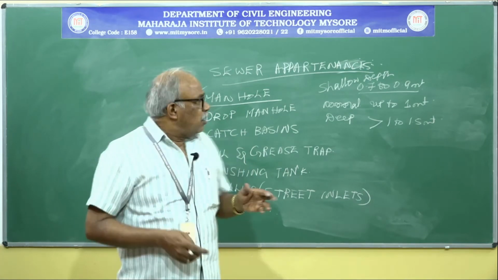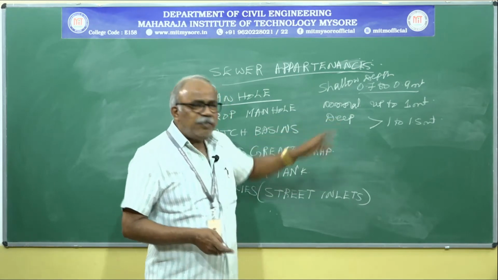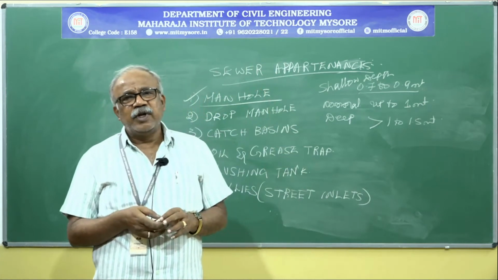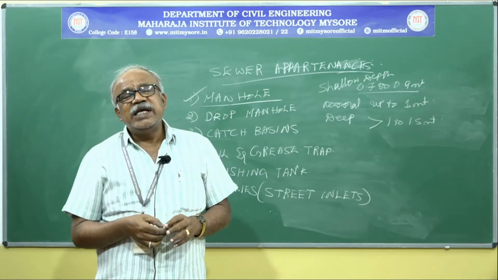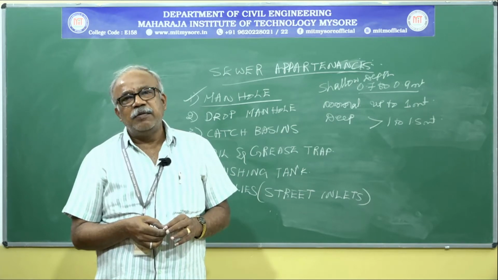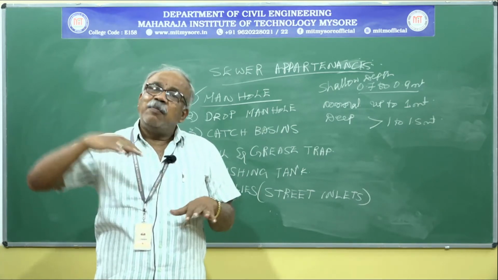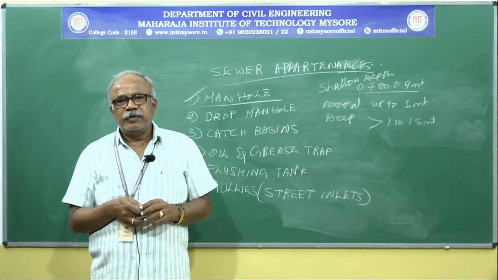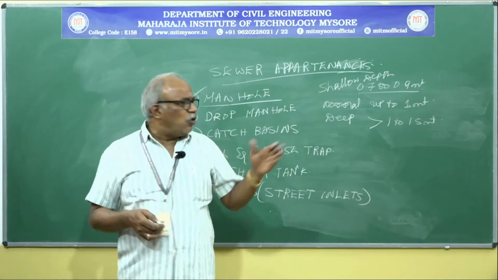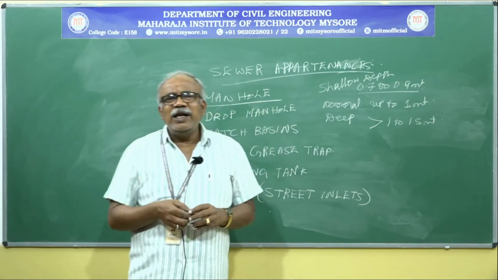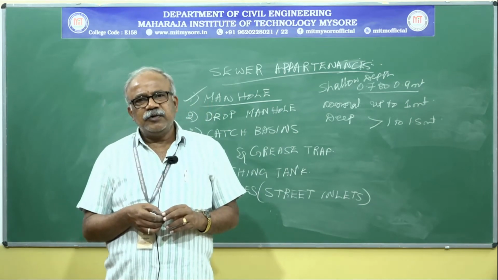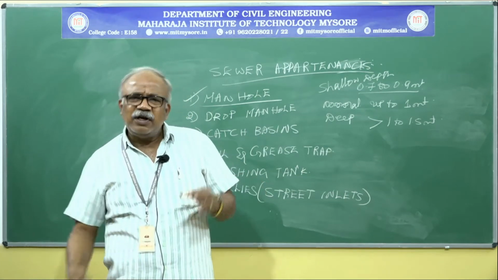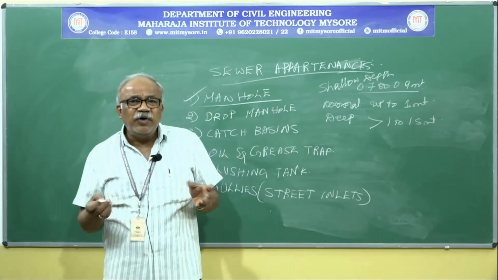Also in the deep manhole, the top layer will be reduced, and over that the CI cover will be provided, because if heavy vehicles pass over it, it should not collapse. Also at the cover, gratings are provided, so water can pass through, and whatever gases come out can be passed out. It is a very easy method.